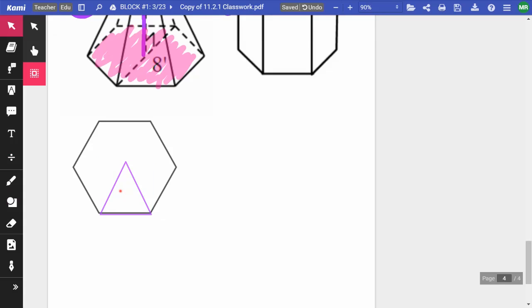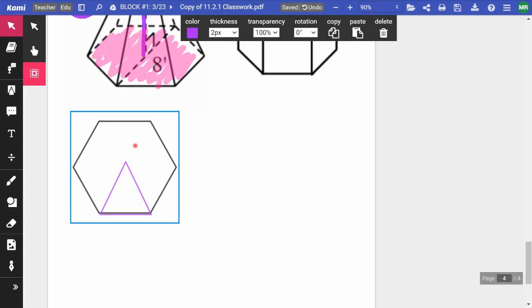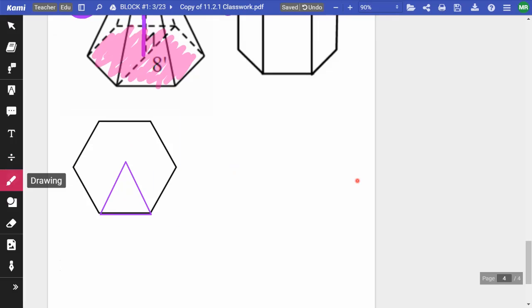So from my center out, if it was 8 going all the way across, then I know that this is going to be 4. And since this is a hexagon, this is going to be 4, this is going to be 4, because this is going to be an equilateral triangle because of the 60 degrees.